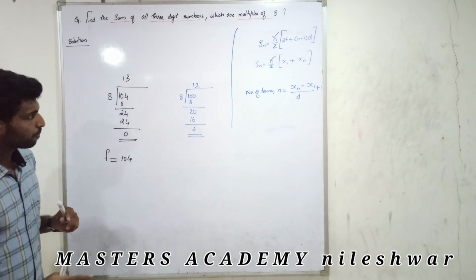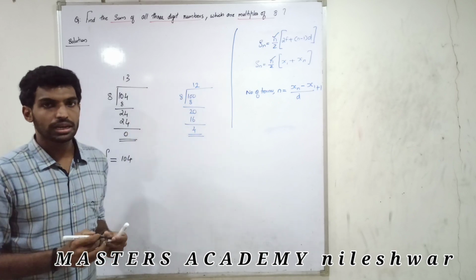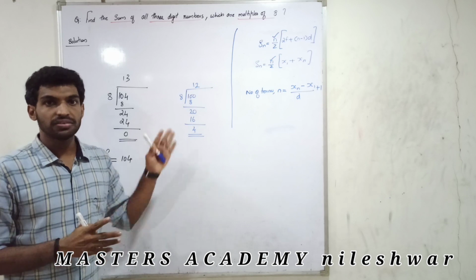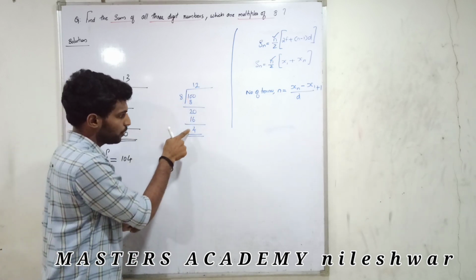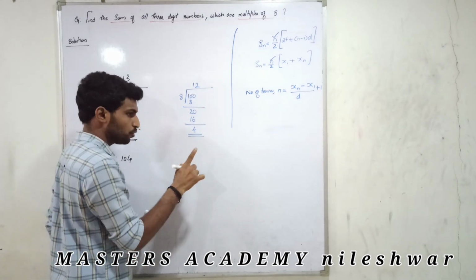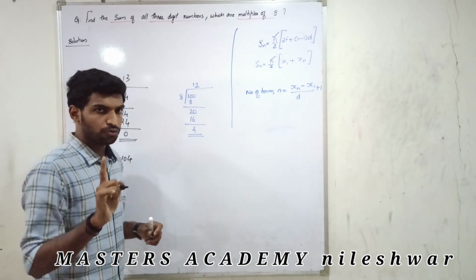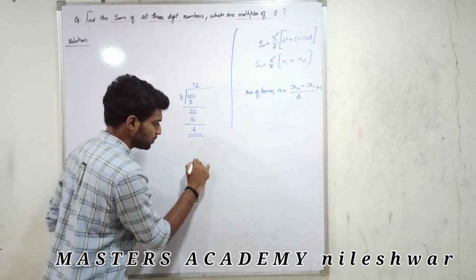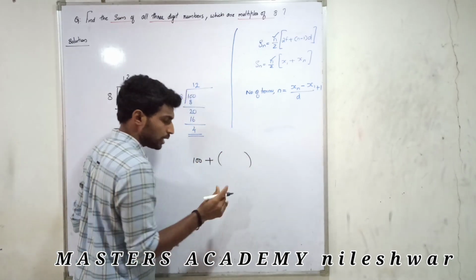Okay, listen carefully. First always you have to take 100, because the first 3-digit number is 100. Okay, so 100 divided by 8, we got remainder as 4, right? So in order to get the first 3-digit number which is a multiple of 8, what you have to do is first write 100 plus a particular number.